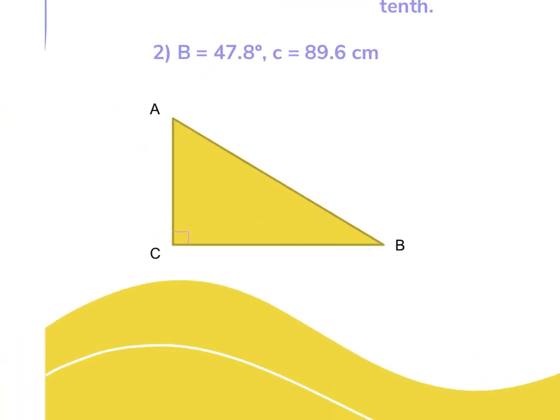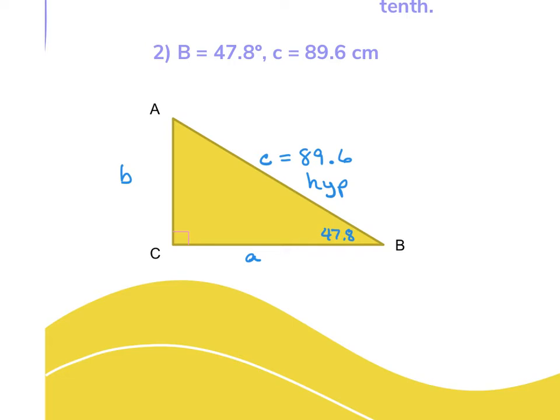Remember, little a is across from the capital A, little b across from the capital B, and little c across from that 90-degree angle. I'm going to label angle B with 47.8. I'm going to label little c, my hypotenuse, with 89.6. Now, again, I'm going to give each one of the sides the names opposite, adjacent, and hypotenuse.